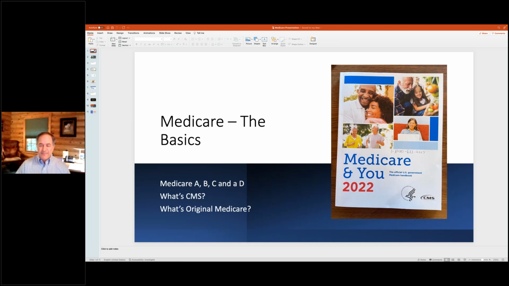Now, Medicare has continued to change. There's original Medicare, that's called Medicare Parts A and B. Added to it, actually by Nixon, was Medicare for people that are disabled below the age of 65.